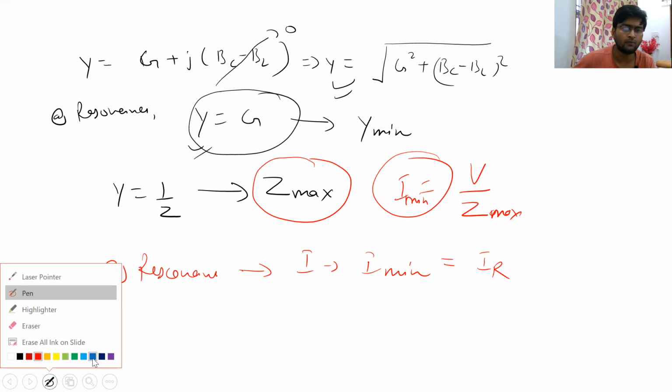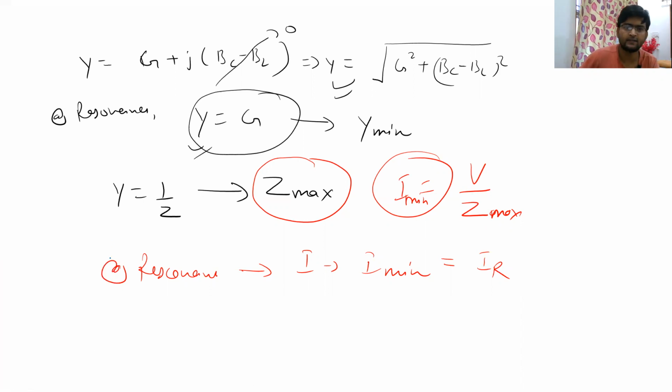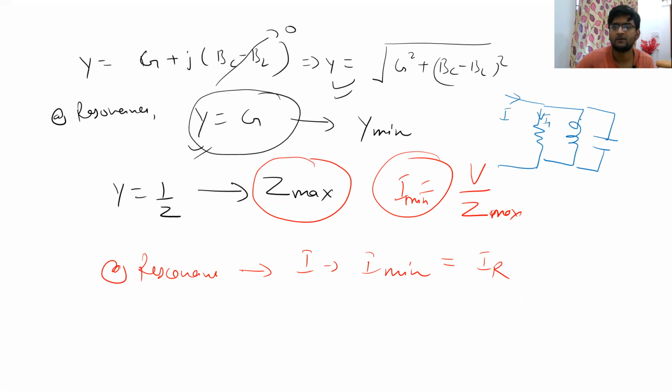Now, one more thing I want to add is that in this particular circuit, the combination of R, L, and C, this is I1, this is I2, and this is I3. So similar to the voltage magnification phenomenon that was happening in the series resonance circuit, there is a current magnification phenomenon that happens in the parallel resonance circuit.